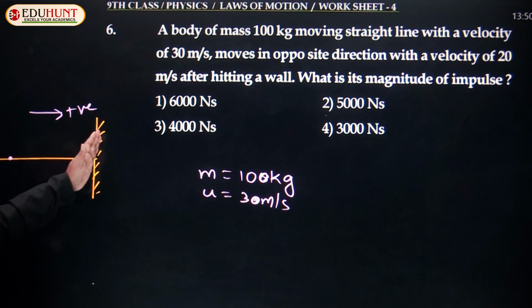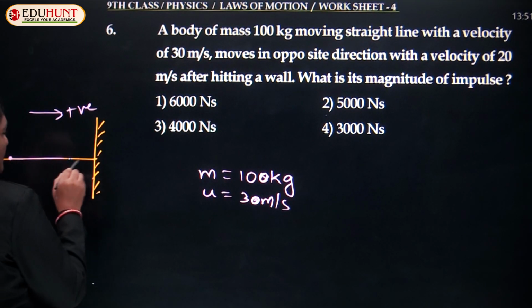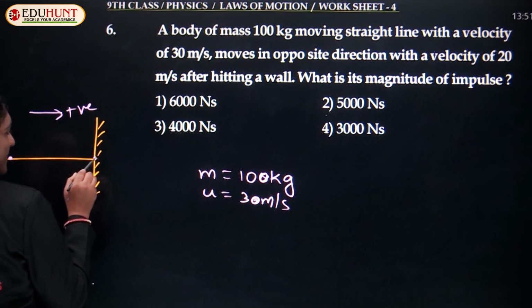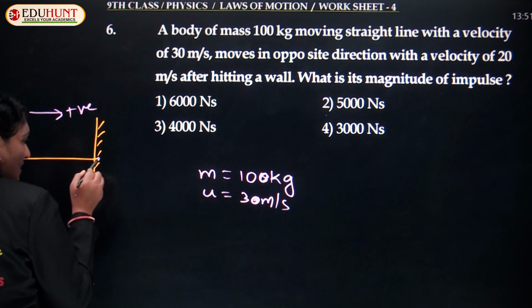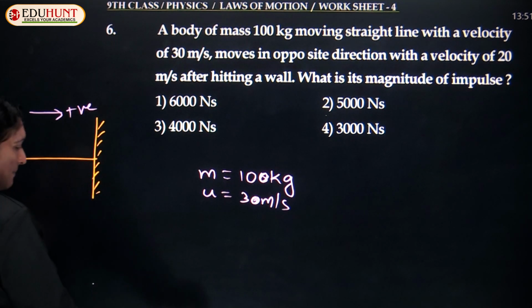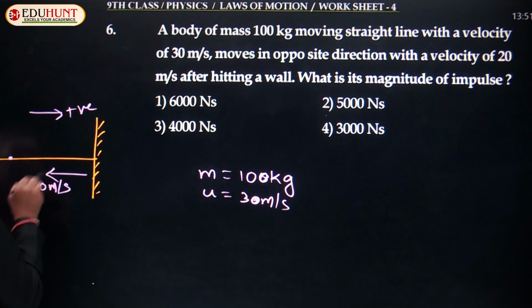Now, it moves in the opposite direction with a velocity of 20 meter per second after hitting the wall. Once this ball reaches the wall, it again moves in the opposite direction. Until here it moves with 30 meter per second, returns back at 20 meter per second in the opposite direction.